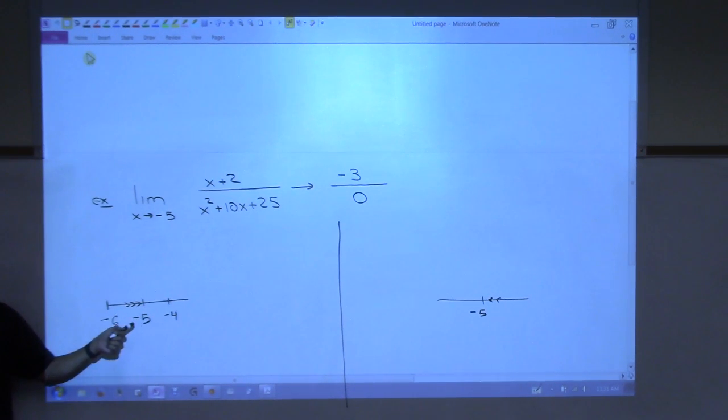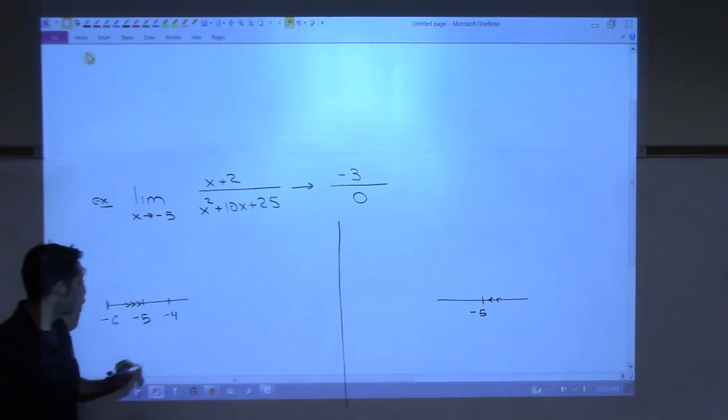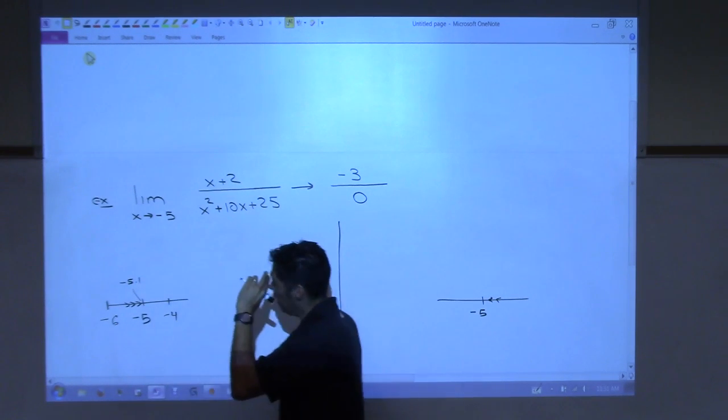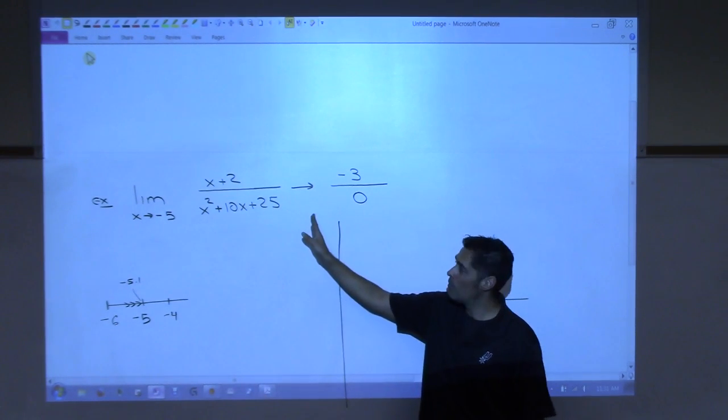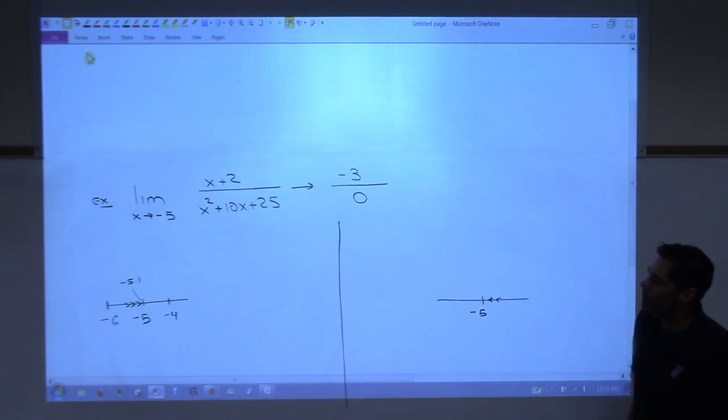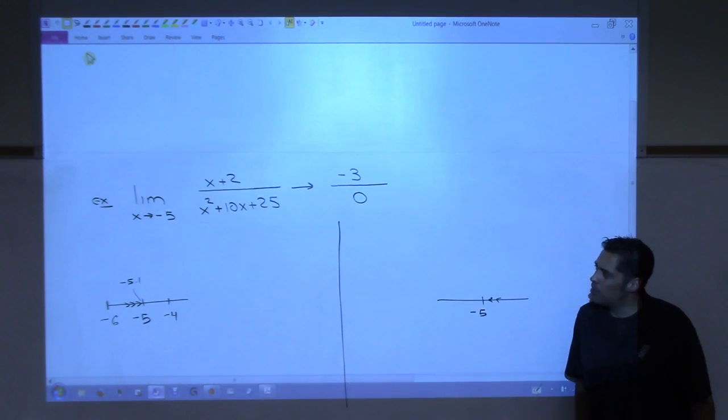I do this intentionally because this is one of those things that gets people, right? A number to the left of -5 is something like -5.1. And I would have to plug that in, wouldn't I? Right here? And up there? Would we do that?